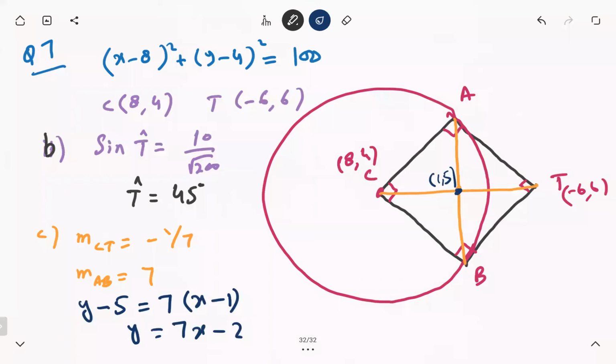Find the x coordinates of A and B. Now you can do that part. Because you could not do C part, that's why you could not do D part. Once you have C part, now you can do D part.